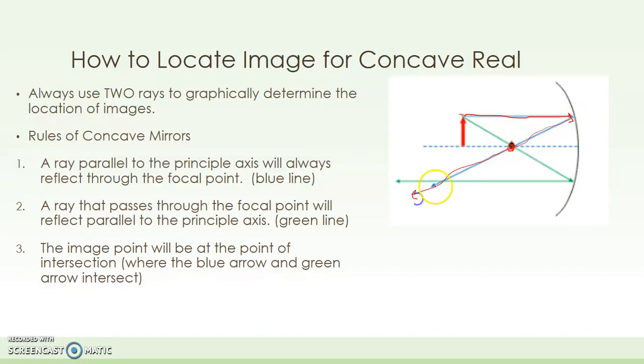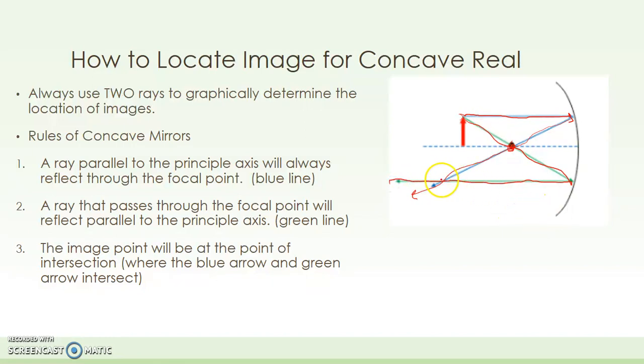Now, I should be using a ruler, but it's almost impossible to do that on a computer. So please keep in mind that if you're doing this freehand, you should be using a ruler. And number two is a ray that passes through the focal point will reflect parallel to the principal axis. We did one parallel first. The other one we're going to take through the focal point first, which is the green line, and then reflect it parallel to that axis.